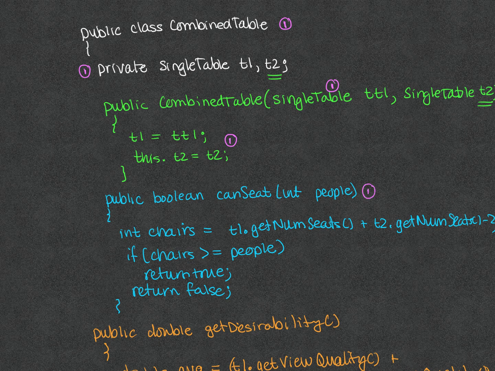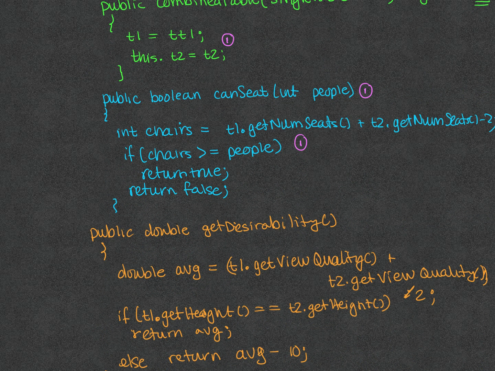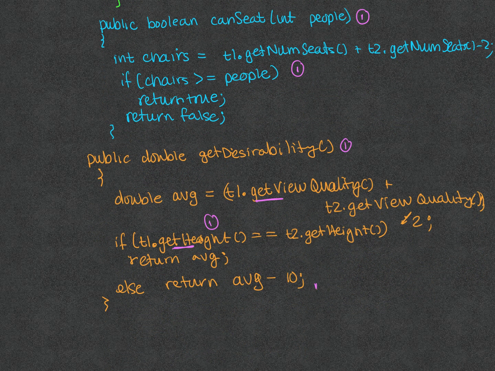Has the correct method header here. Returns the correct amount of people. Get desirability header. Have to call get view quality and get height on an object. And then returns the correct things.